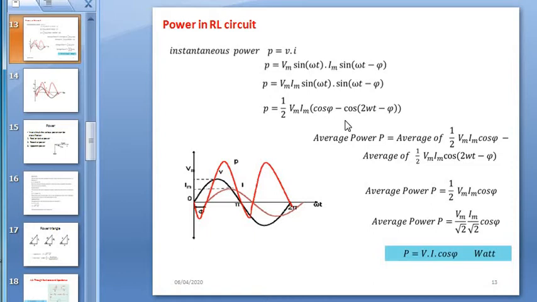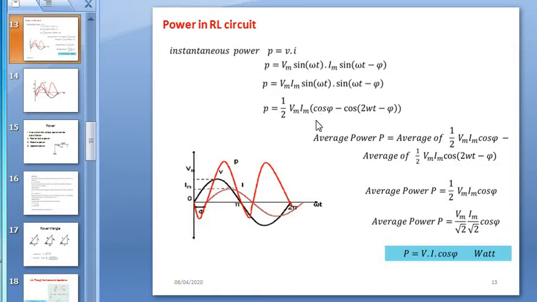There are two components of the power. The first component will be Vm Im by 2 into cos phi, minus Vm Im by 2 into cos of 2 omega t minus phi. The first term is also called the constant power component, since there is no varying component.